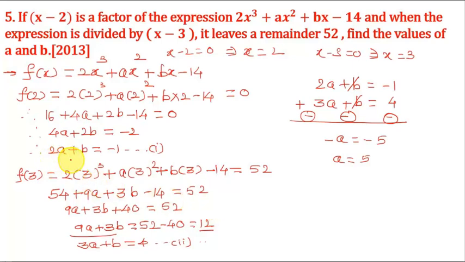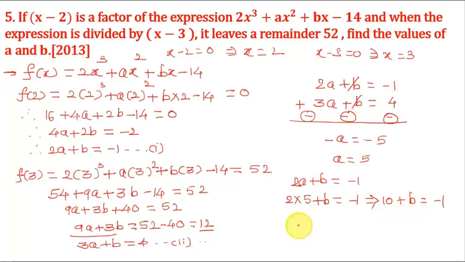Put this value of a in the first equation. Therefore, the equation is 2a plus b is equal to minus 1. 2 into 5 plus b is equal to minus 1, which implies 10 plus b is equal to minus 1.